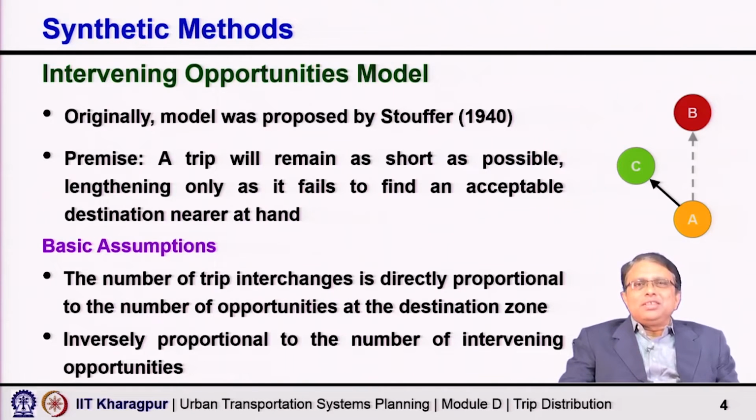So, we can easily say the number of trip interchanges is directly proportional to the number of opportunities at the destination zone and inversely proportional to the number of intervening opportunities.